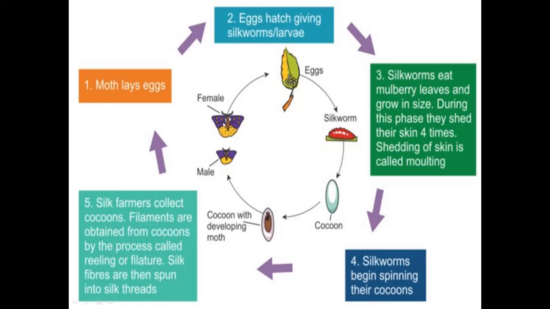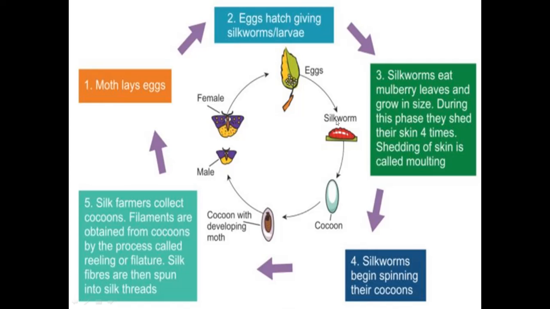As a first stage, the female moth lays the eggs. The eggs hatch, giving rise to silkworm or larvae. As the larva comes out, it starts eating the mulberry leaves.